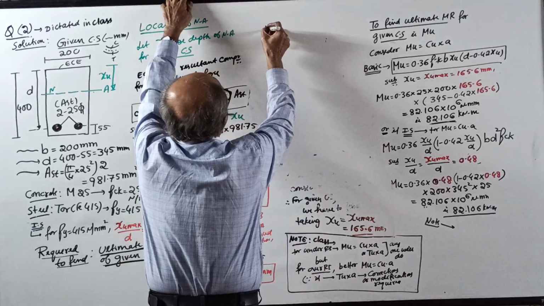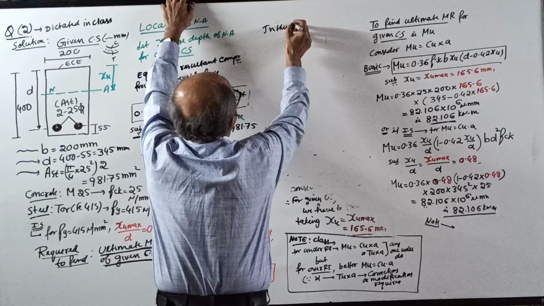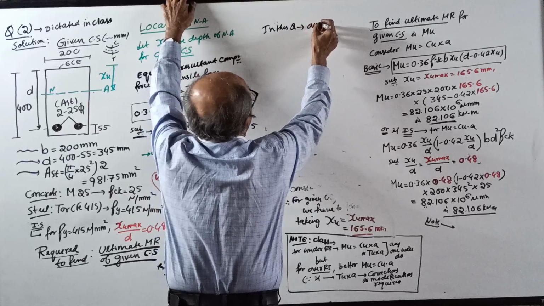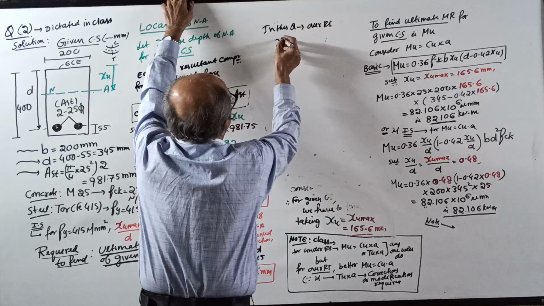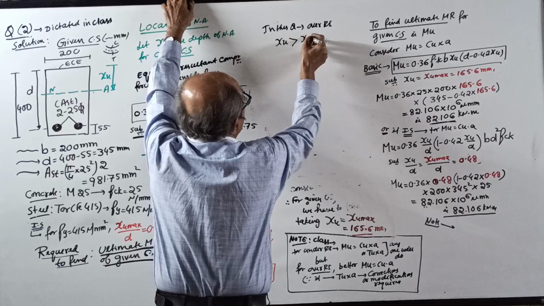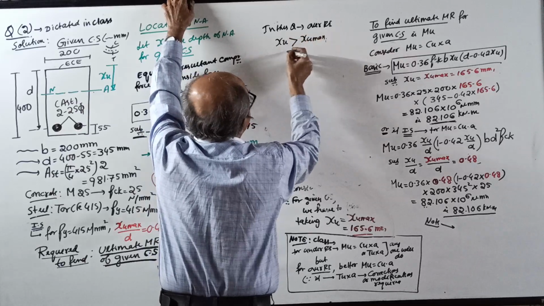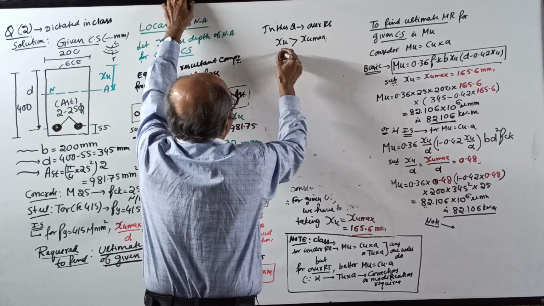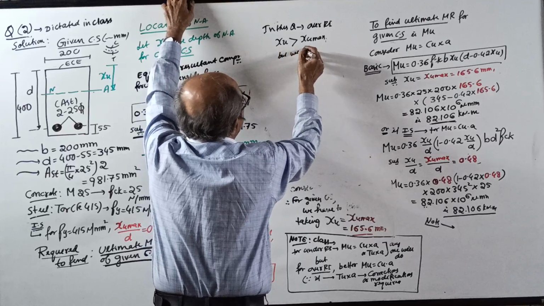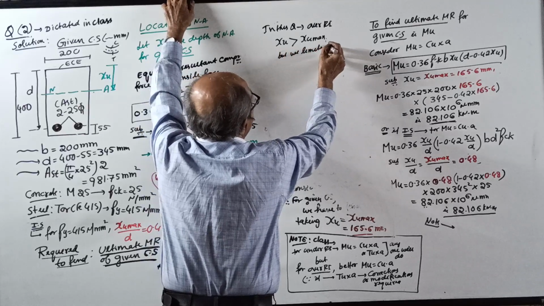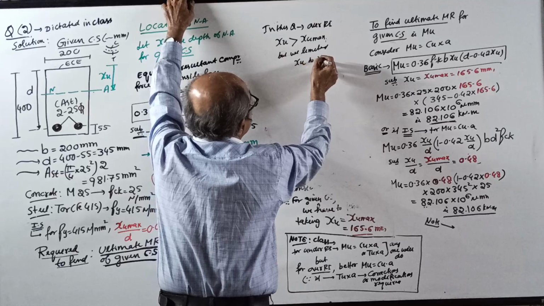Now one small note you write here. See, in this question, we got an over reinforced section. Our XU came more than XU max. Still, we limited XU to XU max.